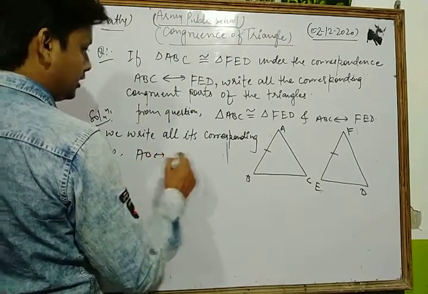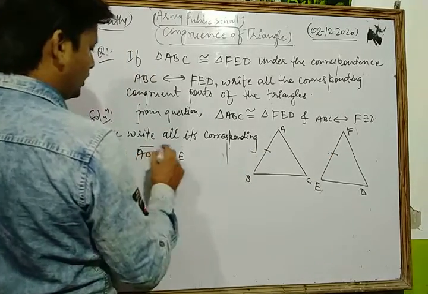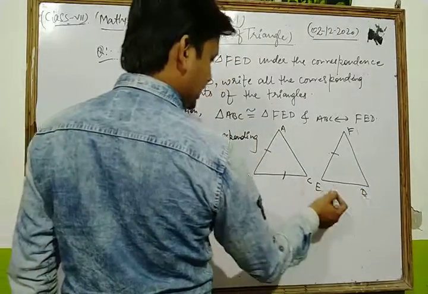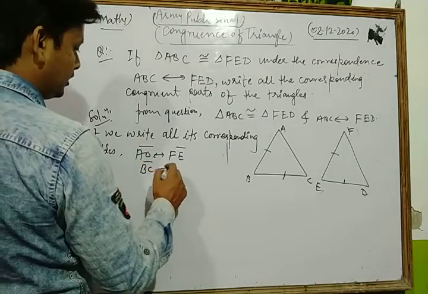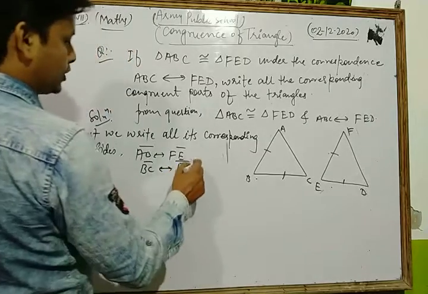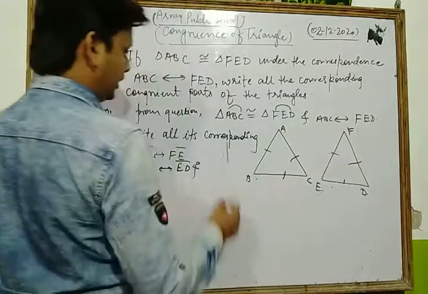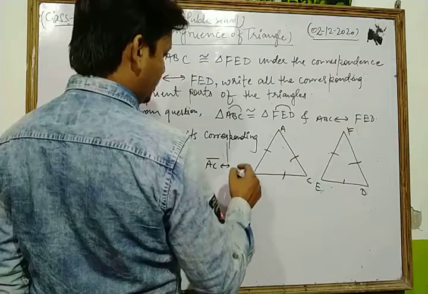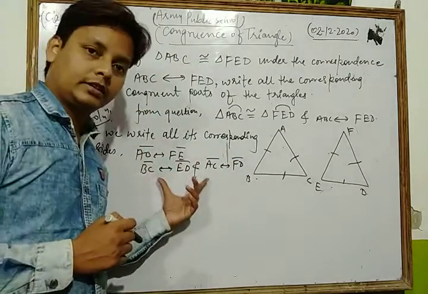Now the second one, BC is equal to ED. And the last one, AC is equal to FD. Dear student, these are their corresponding sides.